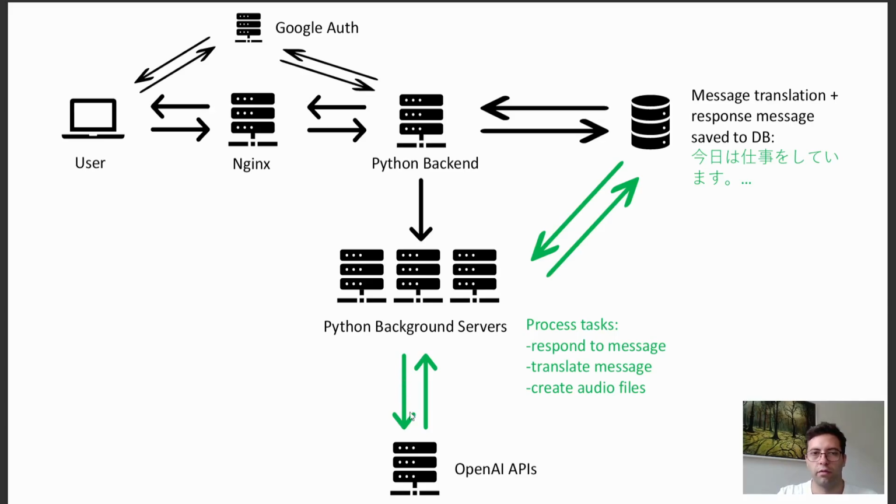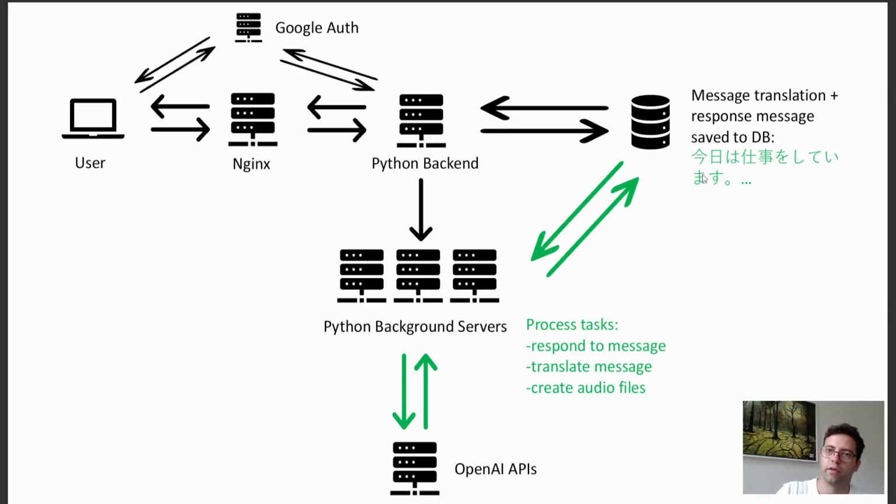Then they call the OpenAI API for responses by the AI agents and for the audio files. So there's lots of calls going on to the OpenAI API. And the results are saved back to the database.